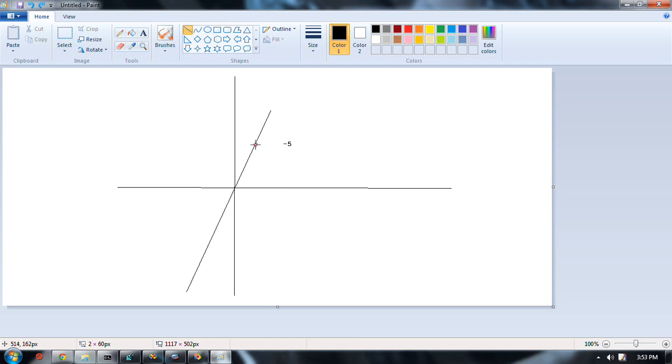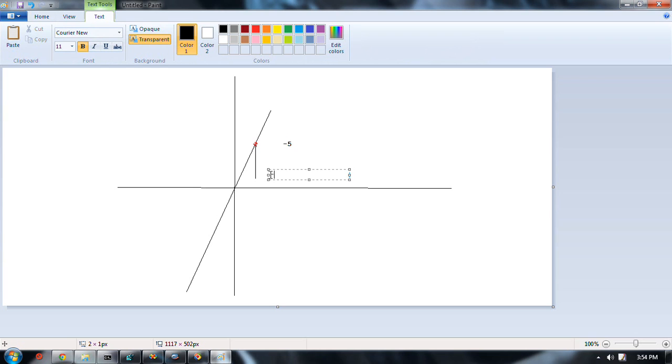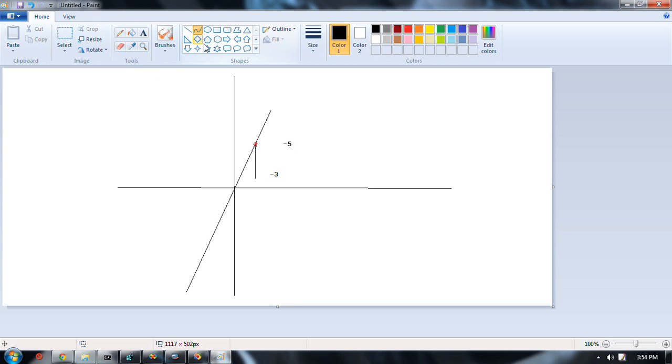Doesn't look very good. Okay. Then I suppose that's minus 3. Text. Alright, now I can use this thing to place things where they should be.